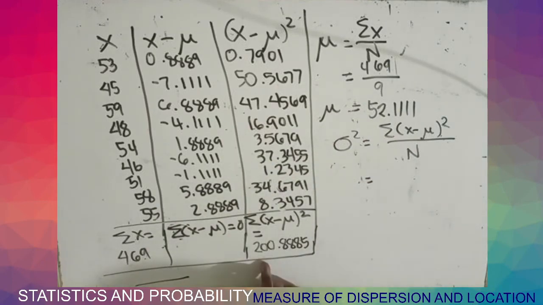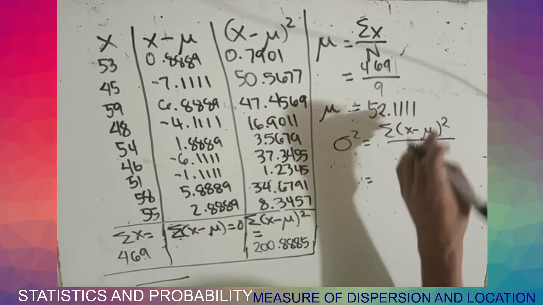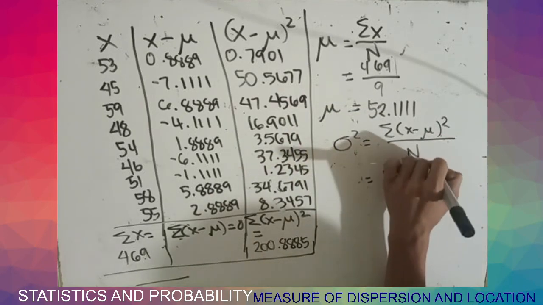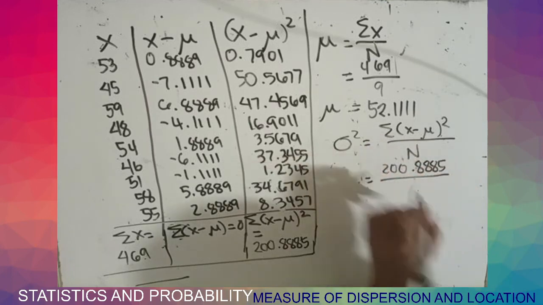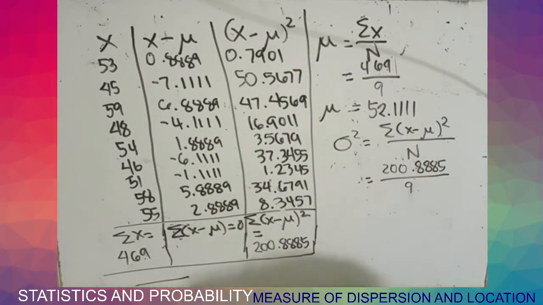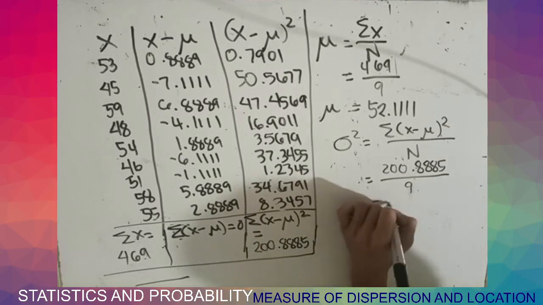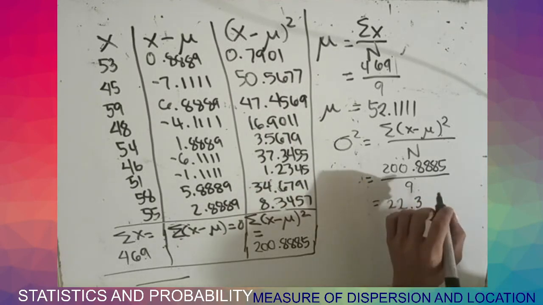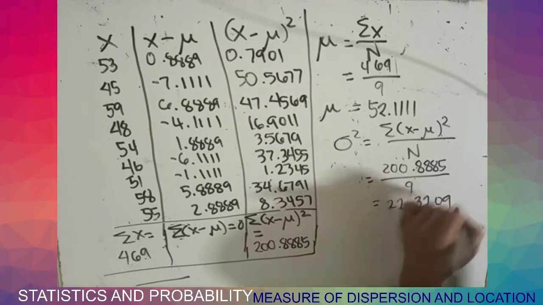Substitute lang natin yung value ni yung ating numerator, which is 200.8885 divided by yung n natin kanina, which is 9. So, divide lang natin. So, 22.3209.